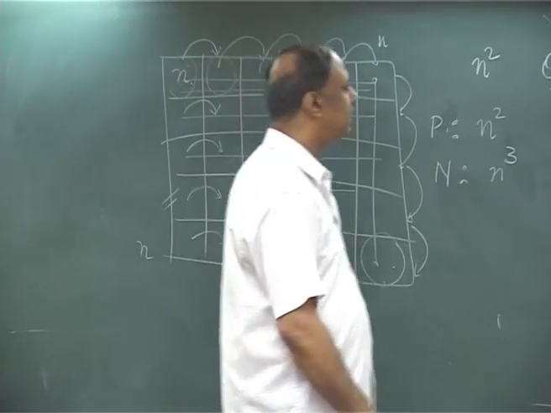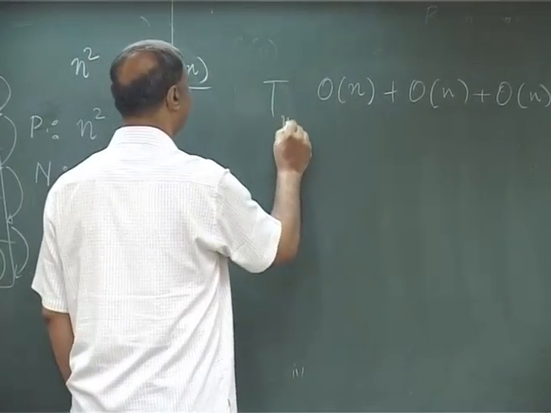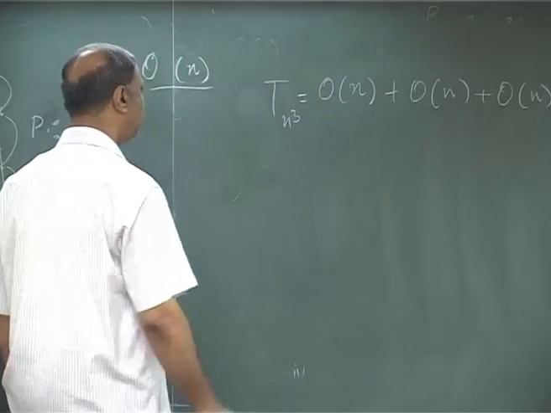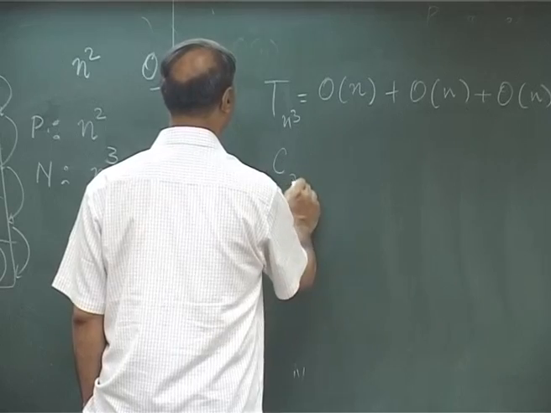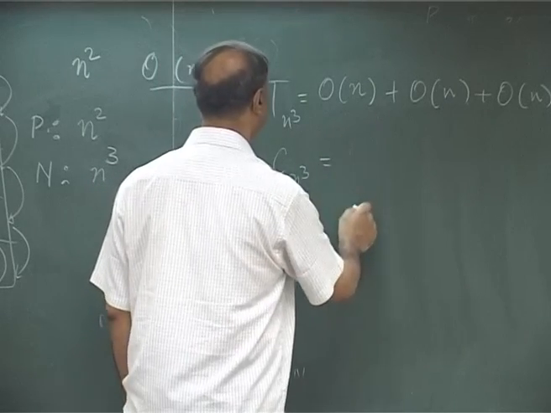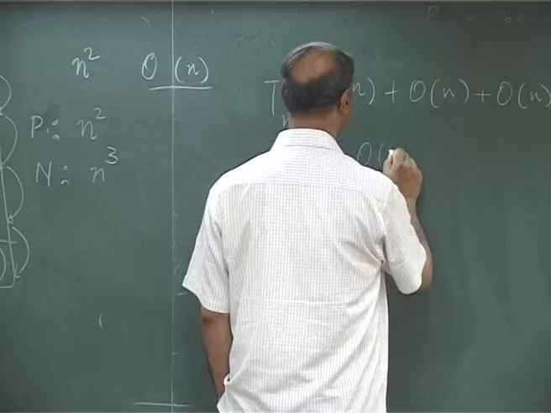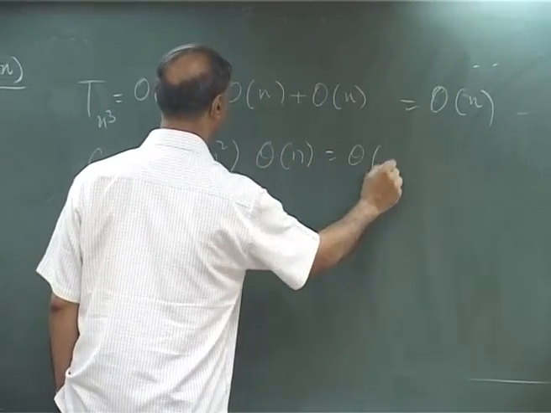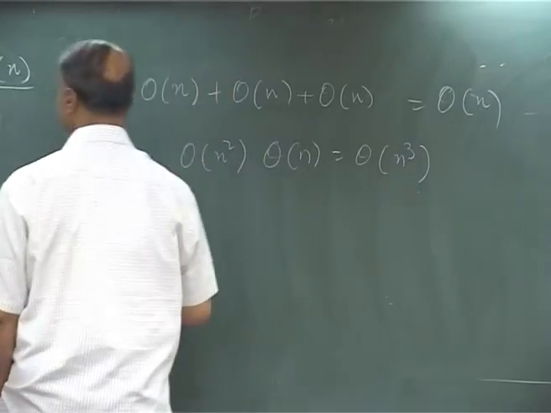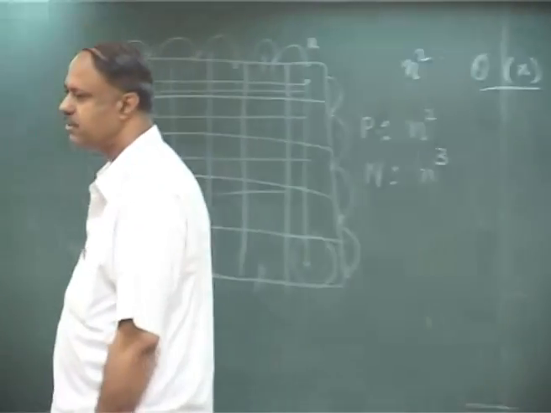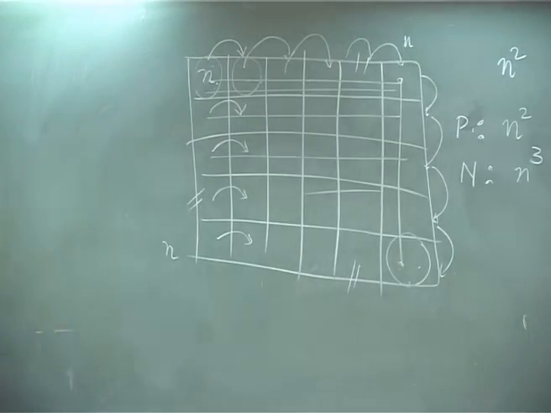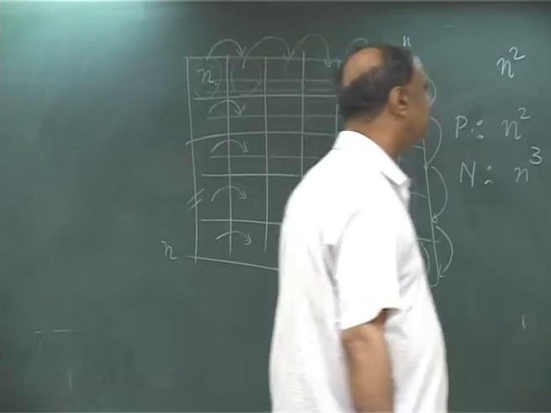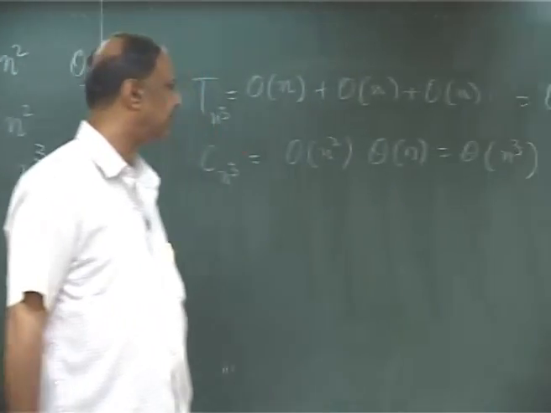Okay. So this is the time complexity to find the sum of n cube elements using n square processors, and the cost is order n square processors times order n, which is order n cube, which is cost optimal with reference to the sequential algorithm, because to find the sum of n cube elements, you need order n cube additions.